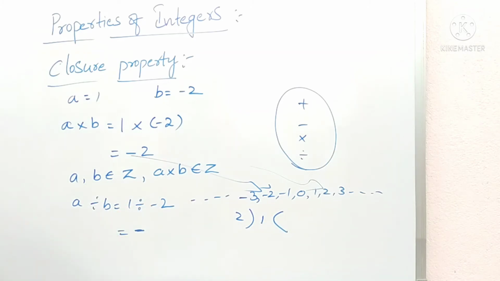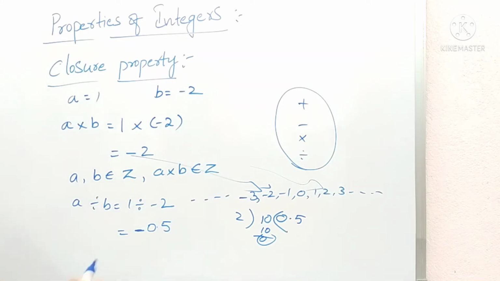Already minus is there. So 1 is smaller than 2, right? So put 0 and here also 0. Now 1 became 10. So put a decimal point. So how many times does 2 divide 10? 5 times. 2 fives are 10. So this is minus 0.5.